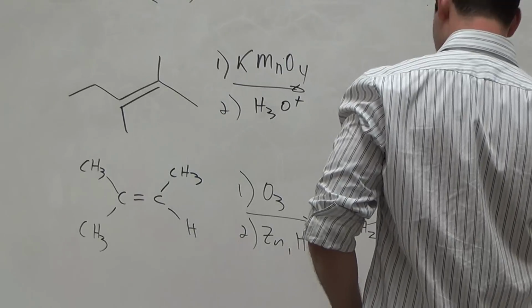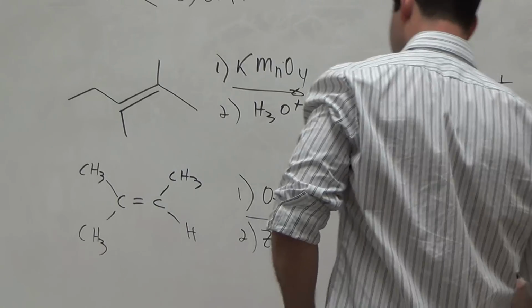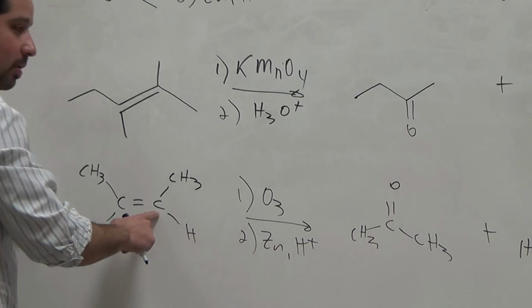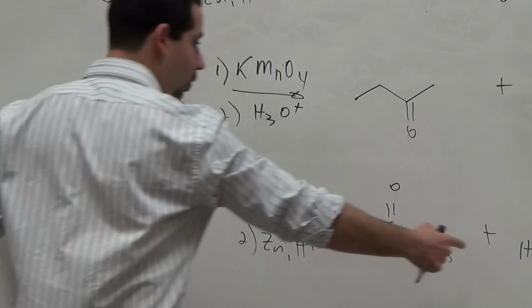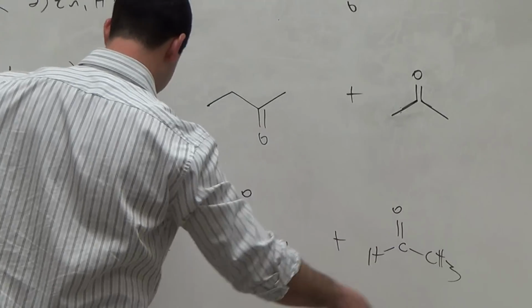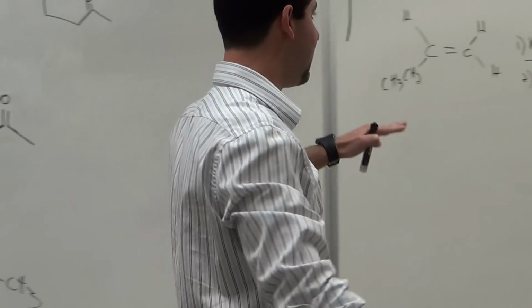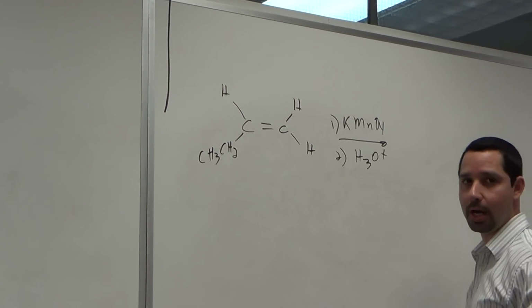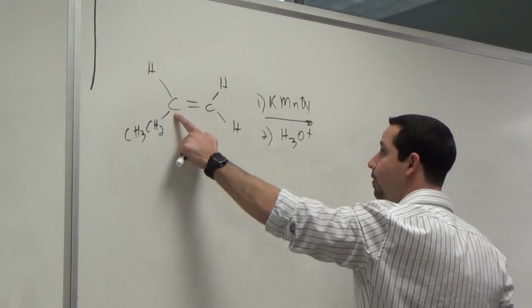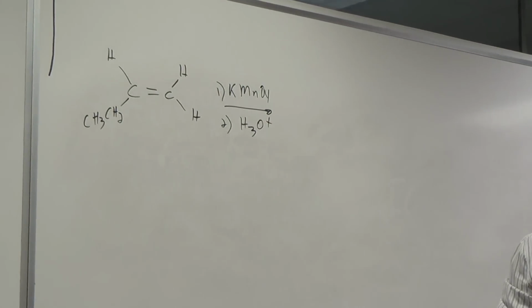One of them is acetone and the other one is? If one of the carbons of the double bond has a hydrogen, it will give you an aldehyde. This is in ozonolysis. If you have a hydrogen with potassium permanganate, it does not give you an aldehyde. If it has a hydrogen, what it gives you is a carboxylic acid.